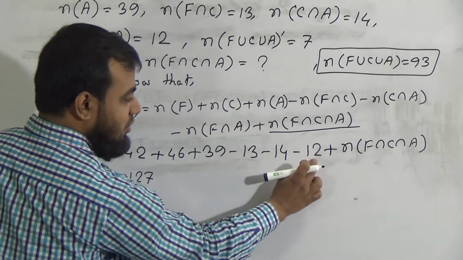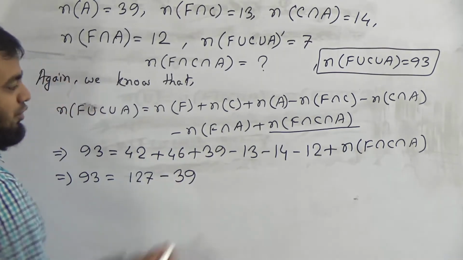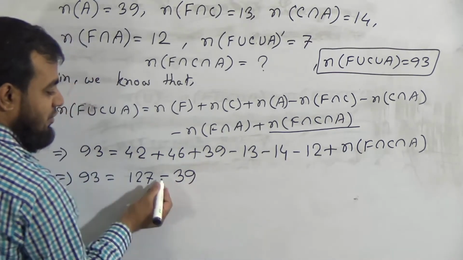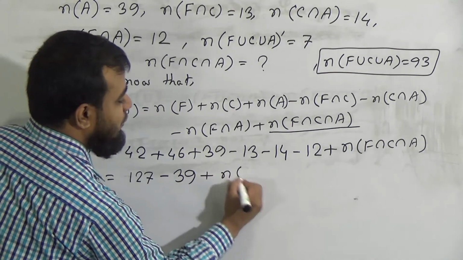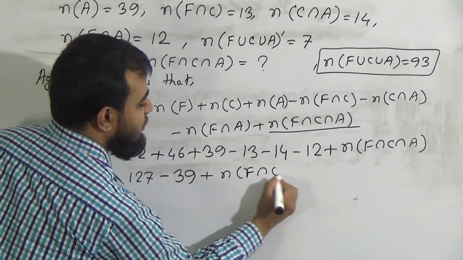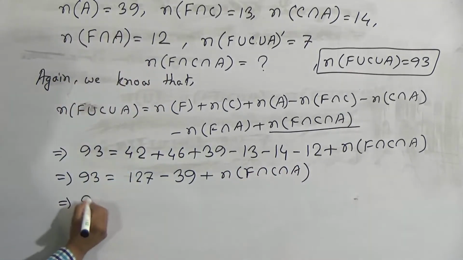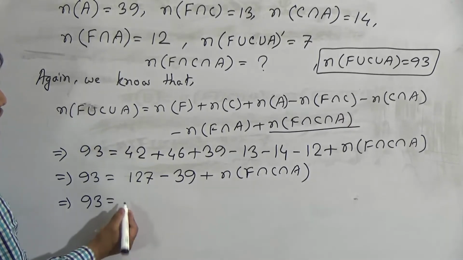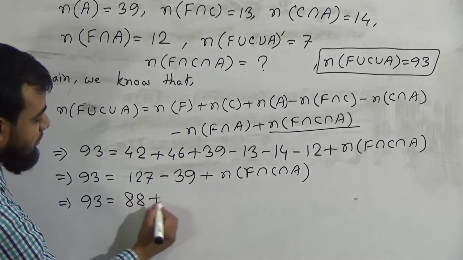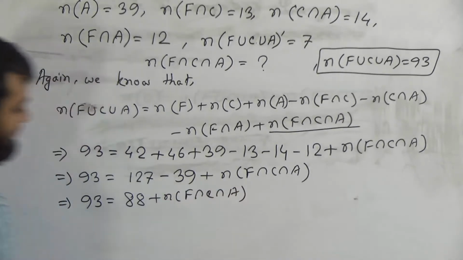When we add these three we get 39, and we put a minus sign before it. Plus the number of elements of F intersection C intersection A. Now subtract 39 from 127. We get 88 plus the number of elements of F intersection C intersection A.